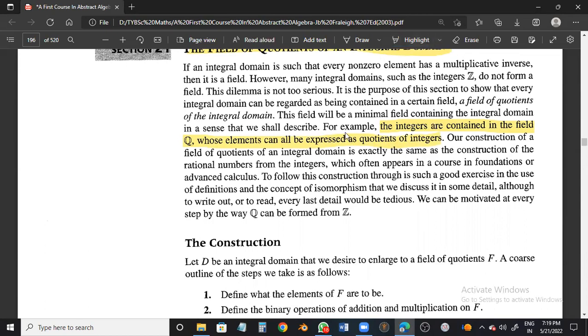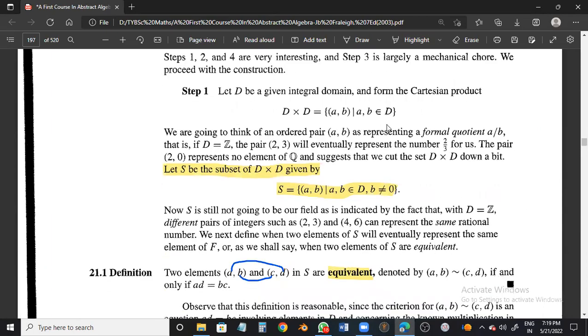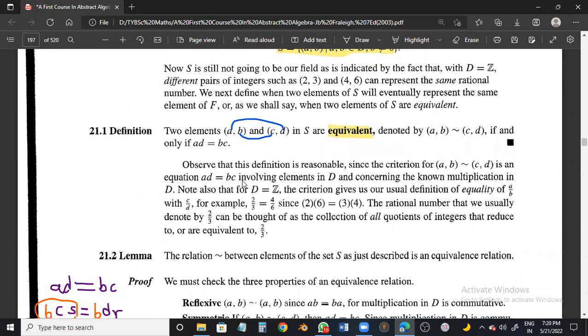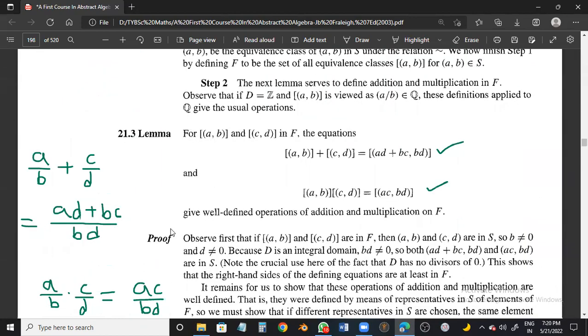If you concentrate on this statement, you will come to know what is going on. S is the set containing ordered pairs AB, where A and B are members of the integral domain, with the only exception that B is not zero. Non-zero entries in the second place, because they are as good as our denominators.